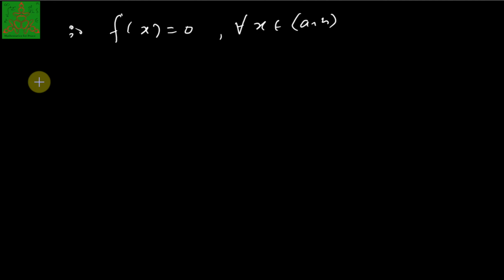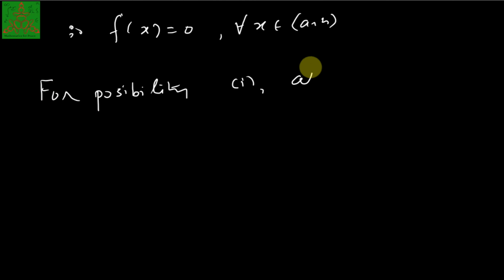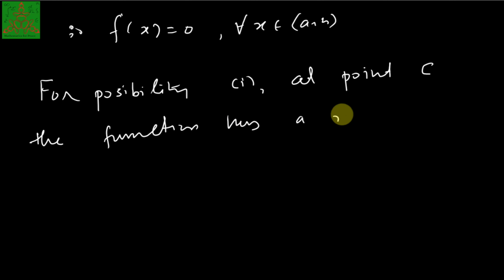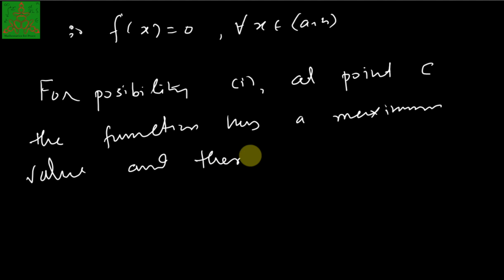That means for possibility 1, let's say at a point C the function has a maximum value. So what I can say is f of x is less than or equal to f of c for every x in the interval AB.